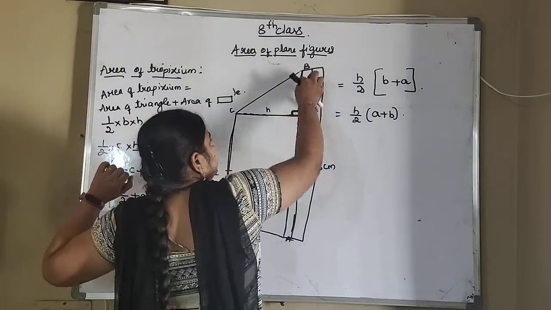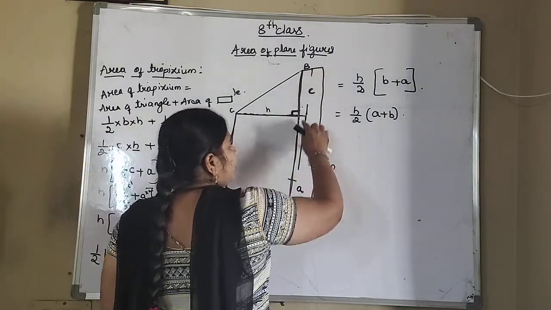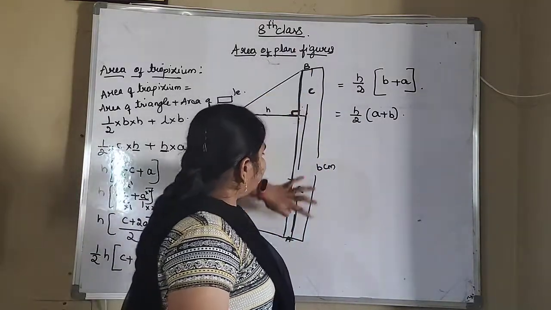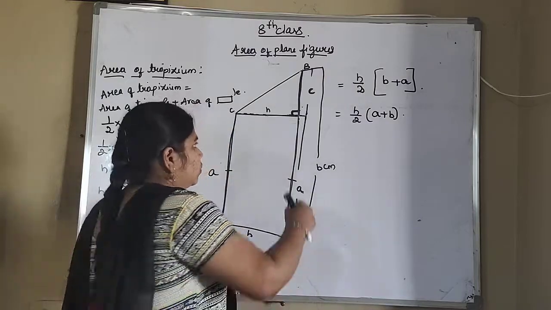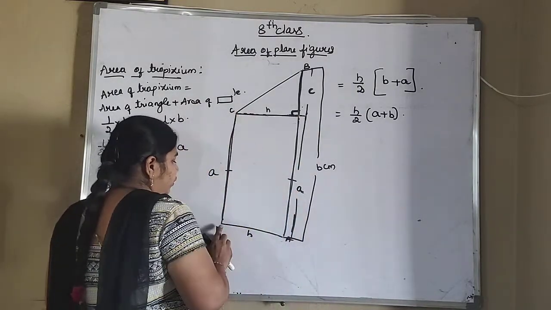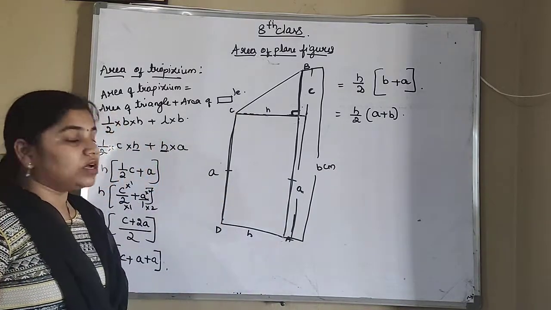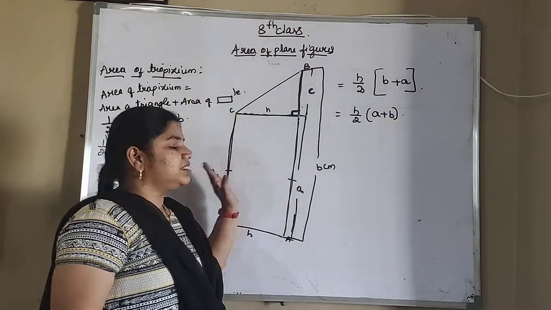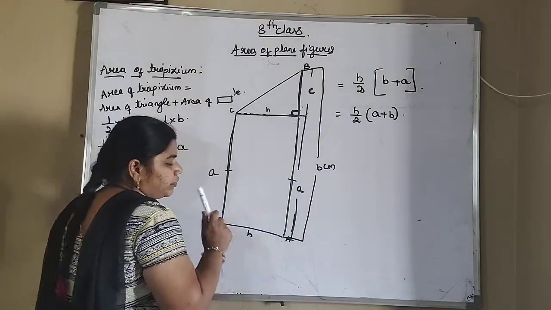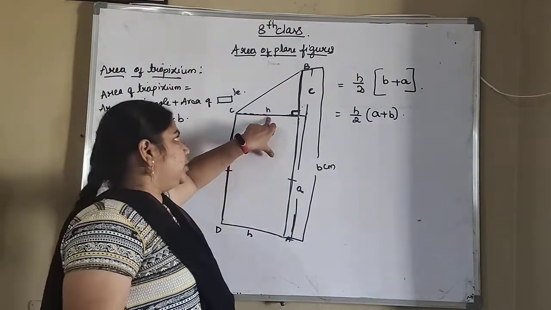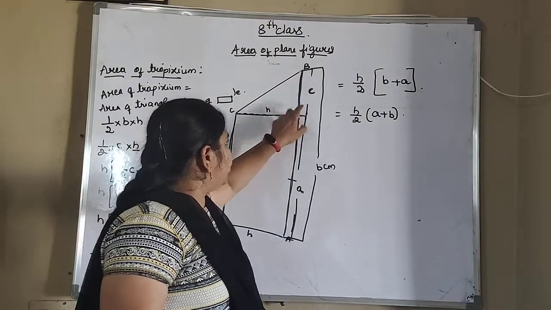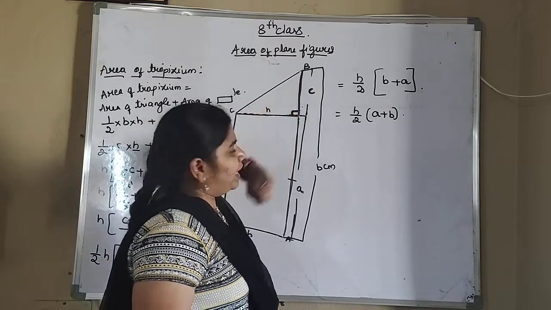So from here to here the length I am taking it as C. From here to here I am taking it as A. Then total length I am taking it as B. So if it is from here to here is A, from C to D will also be equal to A, because in rectangle opposite sides will be equal. So if it is H, here also it will be H. Why I am taking H here? Because this is the height of this triangle, and this is a base.